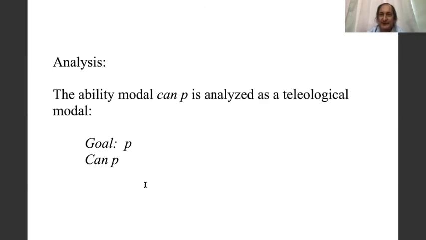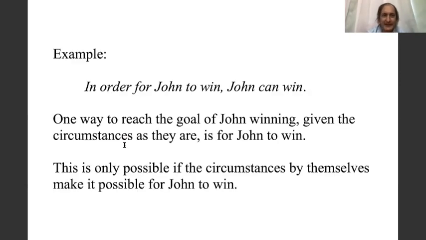But it's going to be a very particular analysis where the prejacent, what you're claiming is possible, John winning, is analyzed as the goal. Okay? It gives us the following.